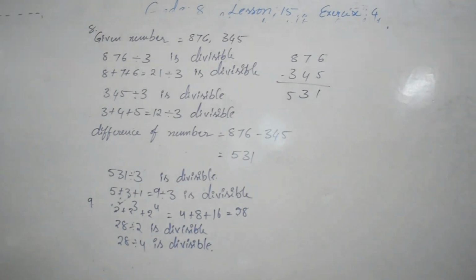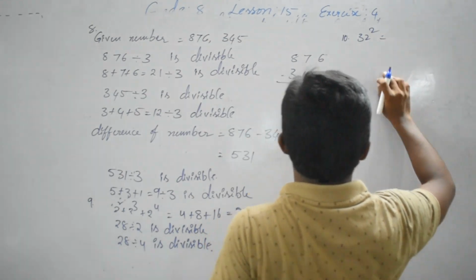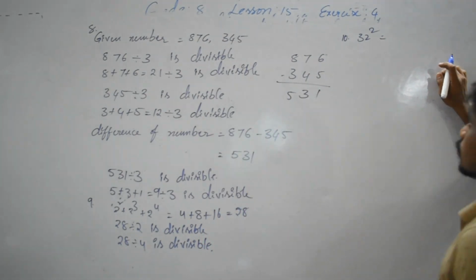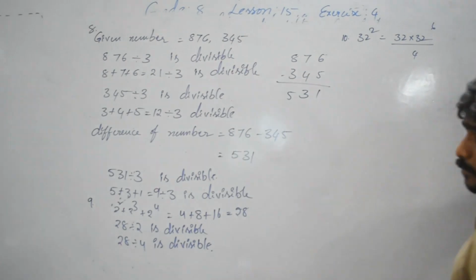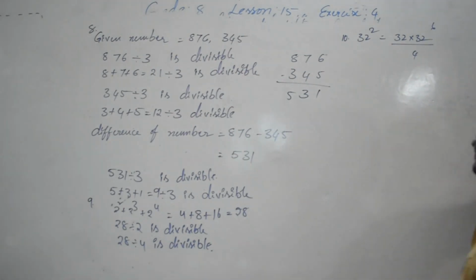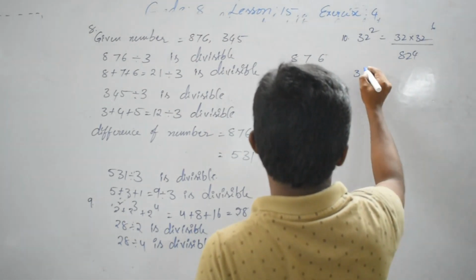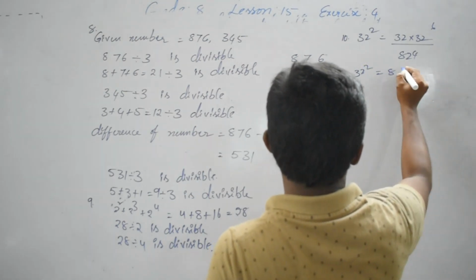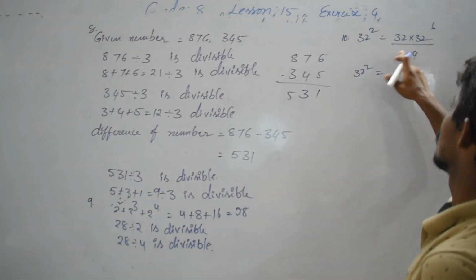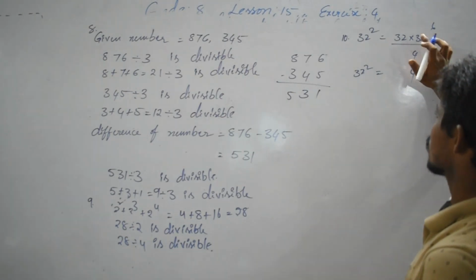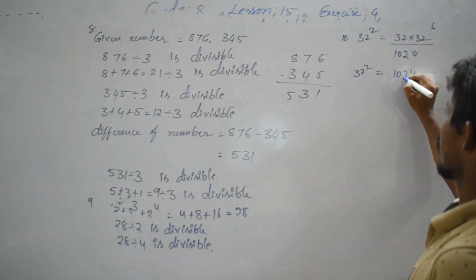32 square. 32 square value, how much? 32 2s are 64. 32 3s are 96. So 1024.